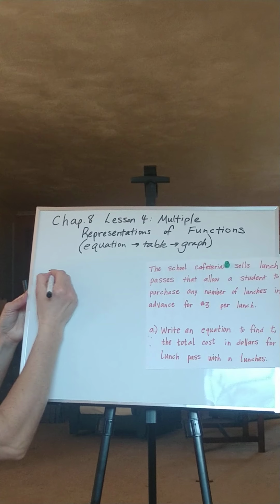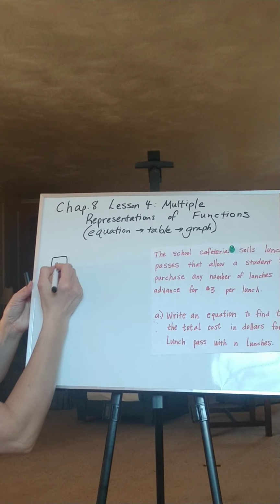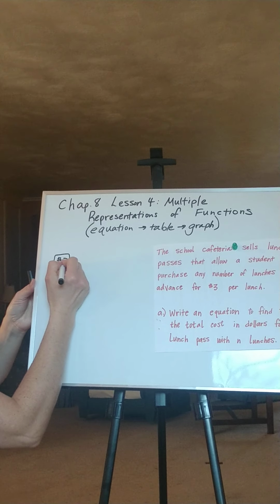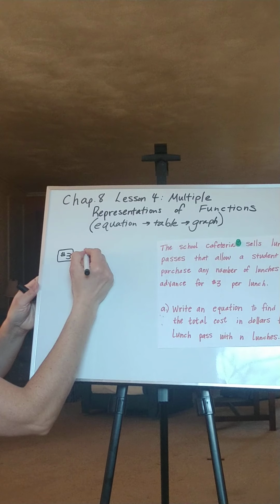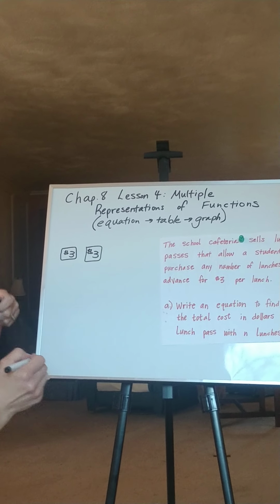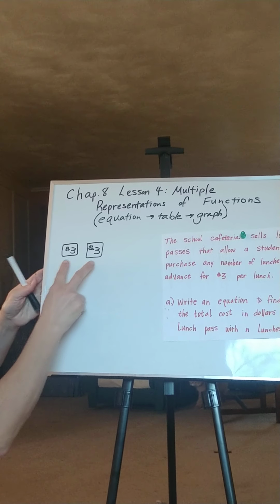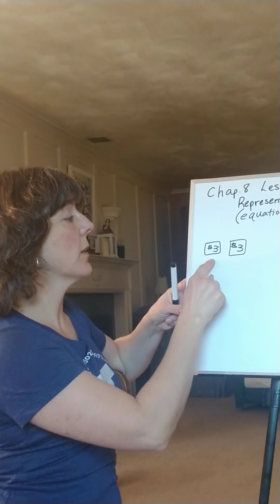So let's draw a picture. If this represents a school lunch, that would be $3, right? If we have another school lunch, that would be another $3. So if this was how many school lunches we'd buy, our N, our number of lunches, would be 2.